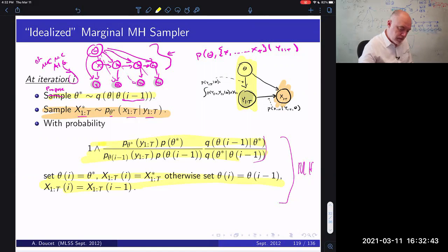Okay, and the insane thing that's happening right now is that somehow we're writing down this Metropolis-Hastings sampler where we're assuming that this thing exists, that we can evaluate this.